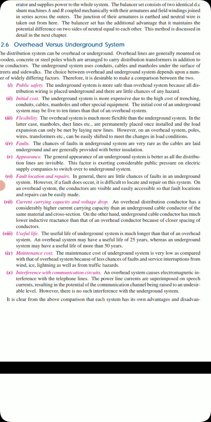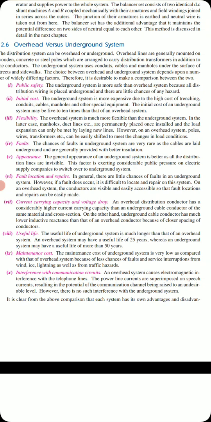So if anybody asks you what the limitations of underground cable are, you can tell that initial cost is high, flexibility is less, fault tracing or locating the fault and repair is very difficult, and current carrying capacity is less. This type of thing you can give as the limitations of the cable.